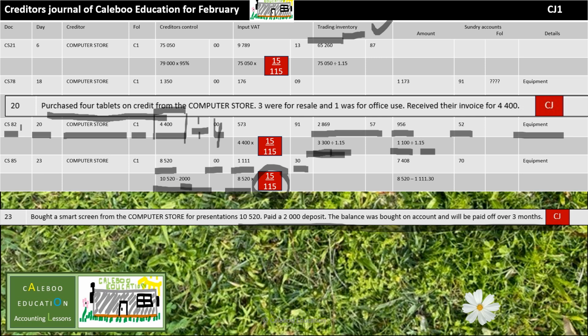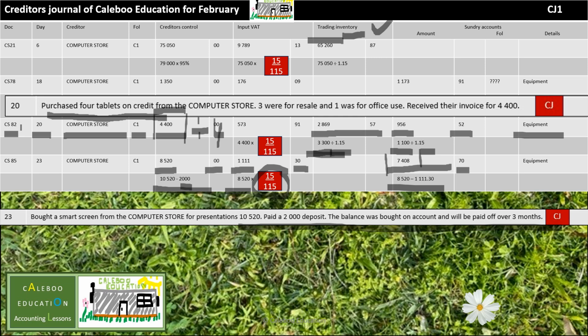And then the exclusive amount of the smart screen, the part that was purchased on credit, is 8,520 minus the input VAT, which gives you 7,408.70.